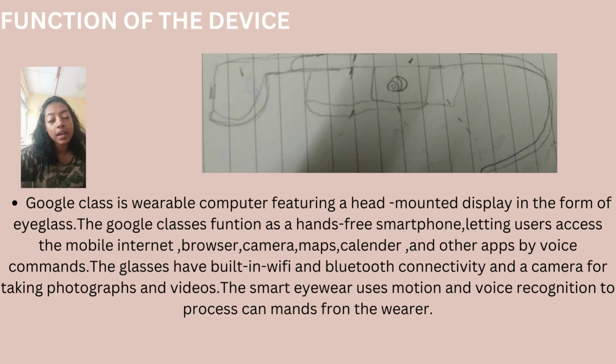The third feature is the display. The Explorer version of glass uses a liquid crystal on silicon, LCOS, chip from Himax, with a field sequential color system and LED illuminated display.